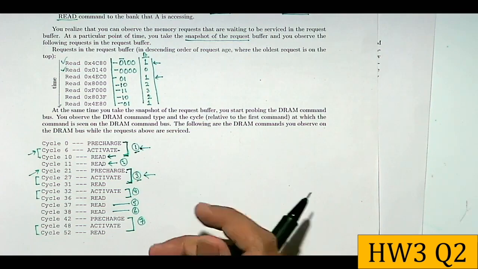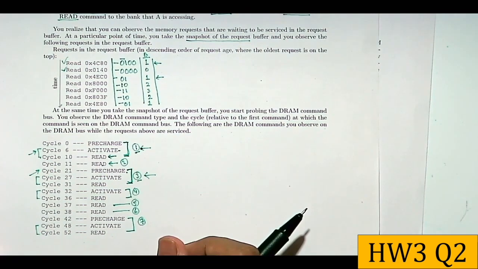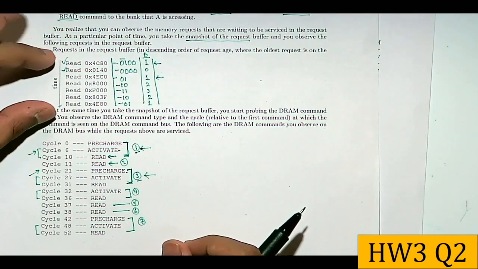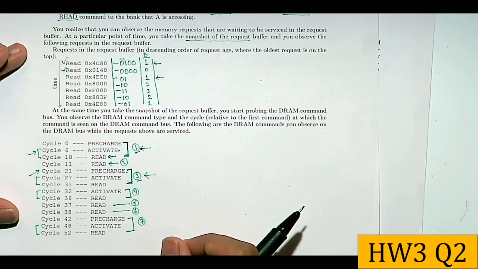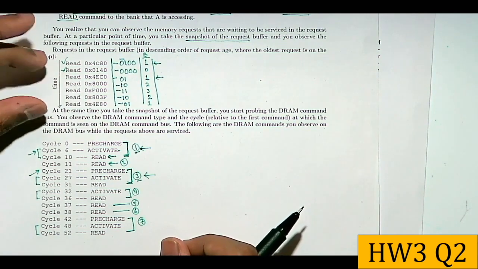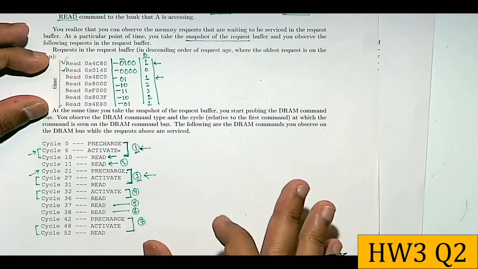What you're saying is that at one point of time we are getting this many requests to the same bank? No. So this means that before we started seeing this behavior, you already have this many requests inside your DRAM request buffer.